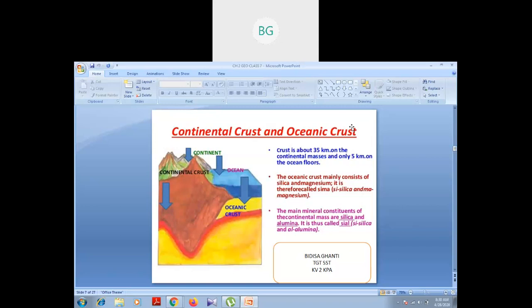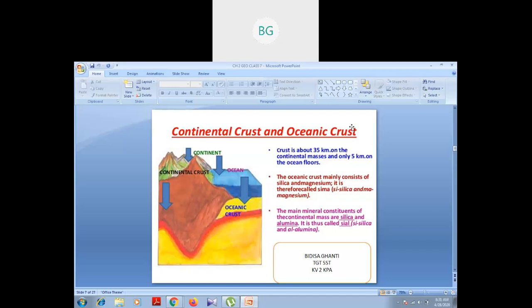So the oceanic crust is known as SIMA. And what about the continental crust? The continental crust is generally made of silica and aluminium. That's why it's known as SIAL. Si denotes silica and Al denotes aluminium.